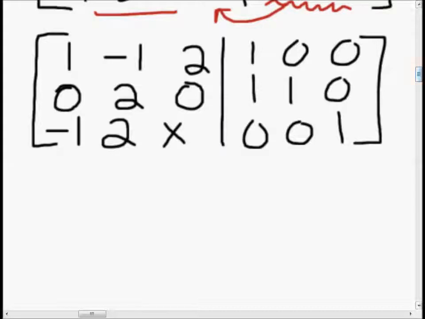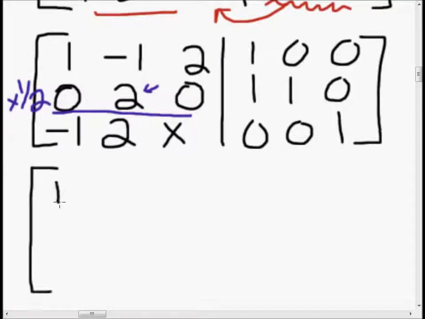Again, I'm looking at this row, and I want this to turn into our transformation matrix, which means I want this right here to turn into a 1, so I can multiply this whole row by 1/2, right? So again, we didn't change our top row.